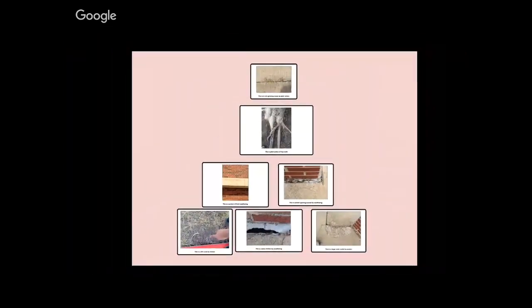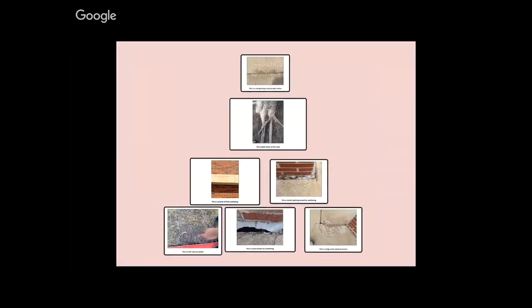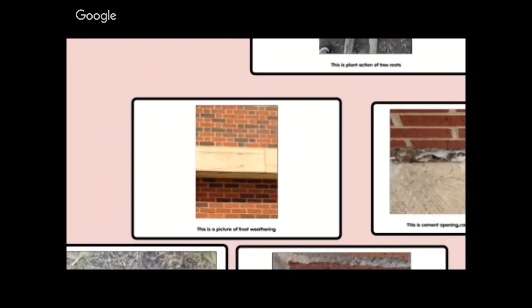Here's one my 2nd graders did. They went and looked for different types of weathering and erosion, and they just put it in. They actually took the pictures of everything. We walked around the school, and they put on here, this is a picture of frost weathering. I'm not 100% sure if it's frost weathering, but hey, they were using the terms that we needed them to use.